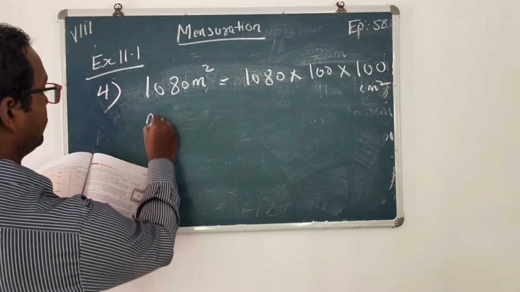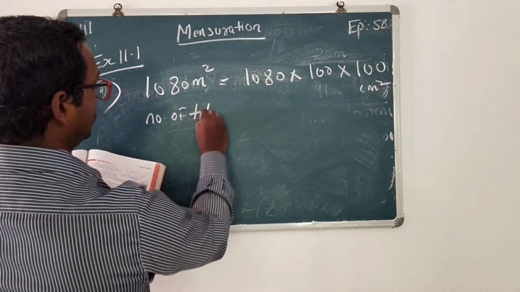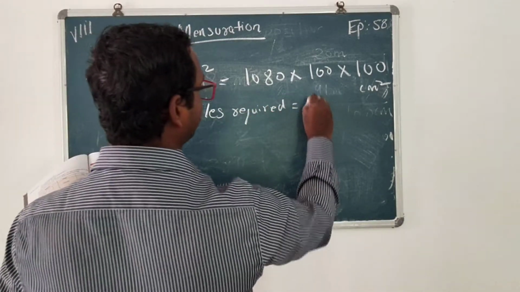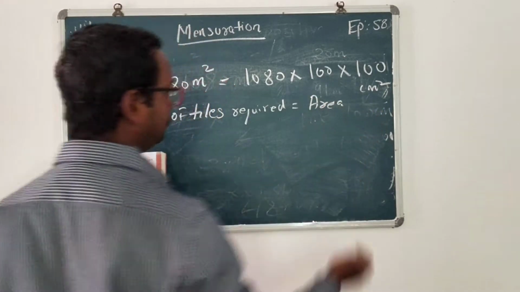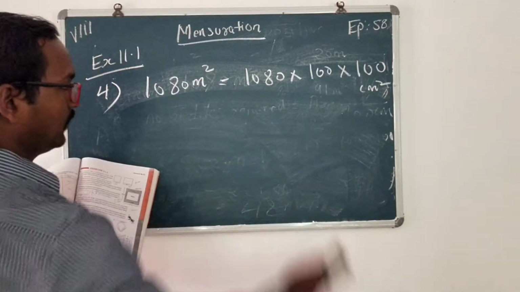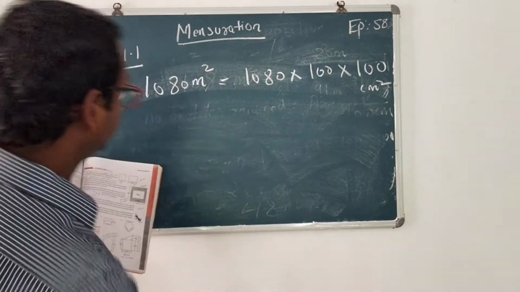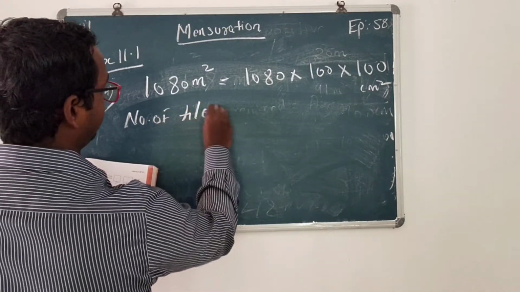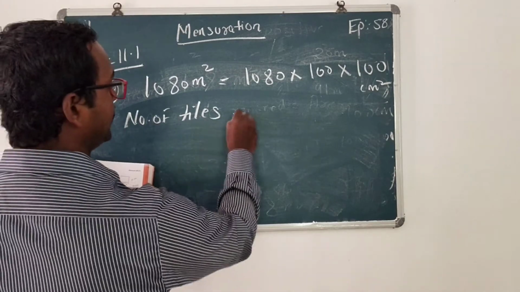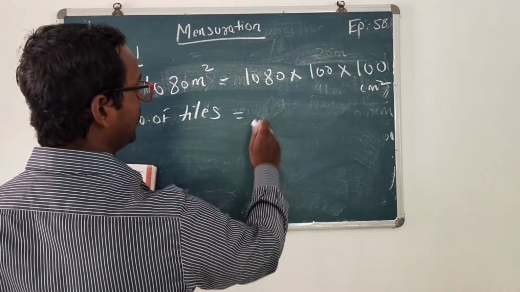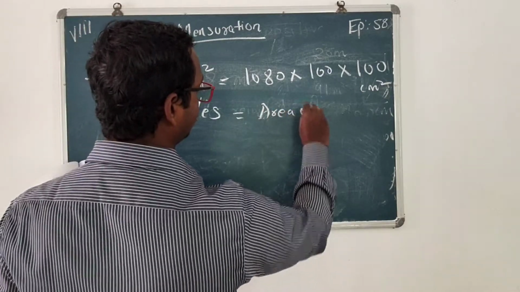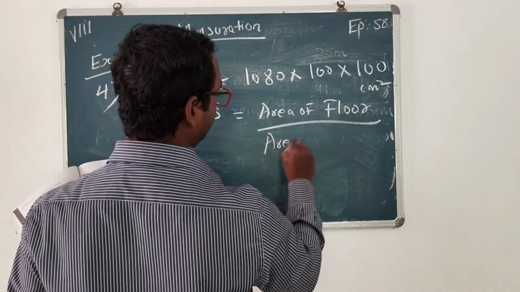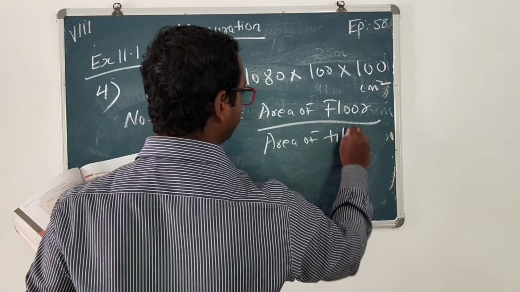Remember, the number of tiles required is equal to the area of the floor divided by the area of the tile.